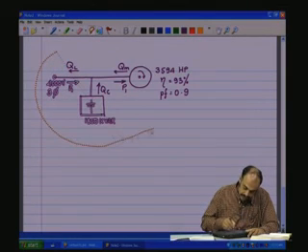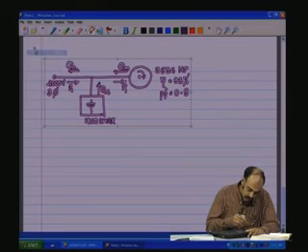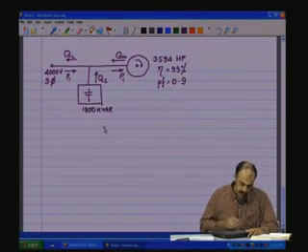Let us first select this, let me copy it, let me push it a bit up, so we have more space.